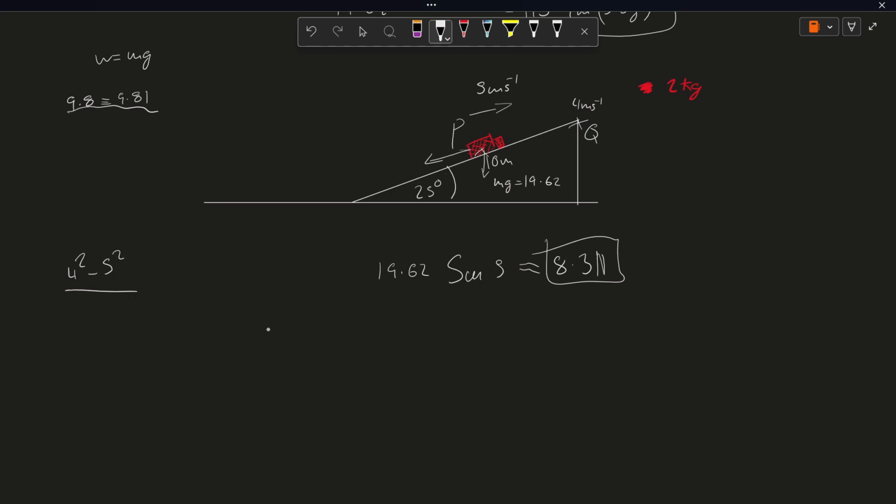Bear in mind, halfway here. 5 times 2, which is just 10 again, equal to 16 to 25. That'll be minus 9 over 10. Meters per second minus 2. Never 10. I'm a muppet. There we go. This stupid answer.